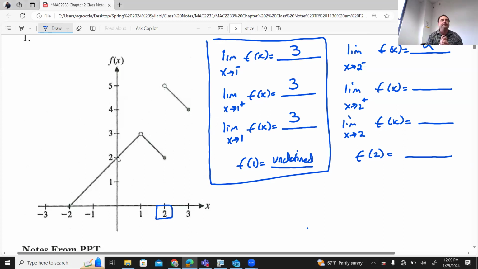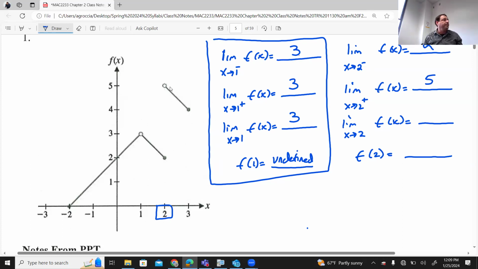Good so far? Now, coming from the right, as I get closer and closer to 2, what's the Y value? 5. So here's what we're learning. From the left, it's getting closer and closer to 2. Coming from the right, we're getting closer and closer to 5.